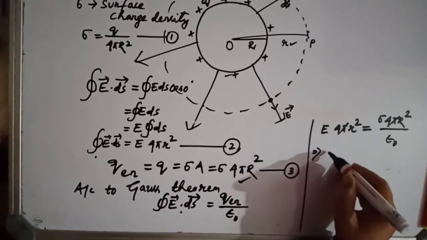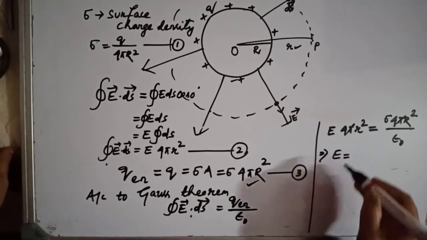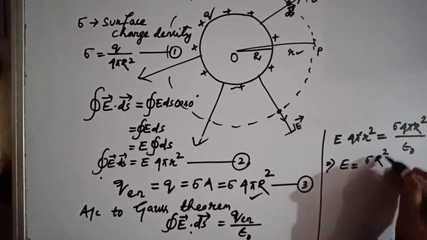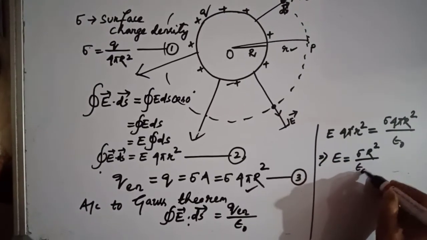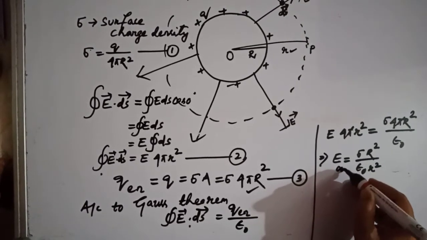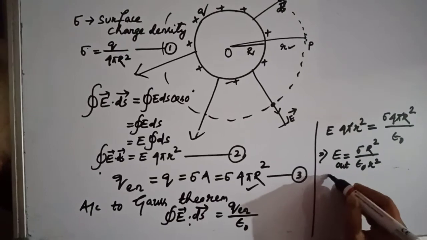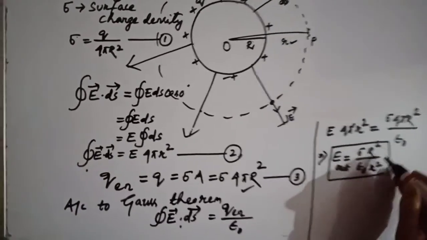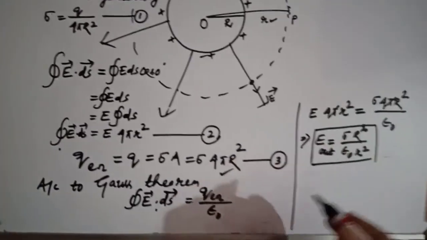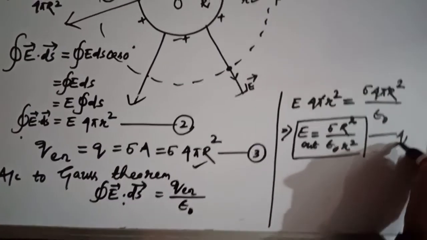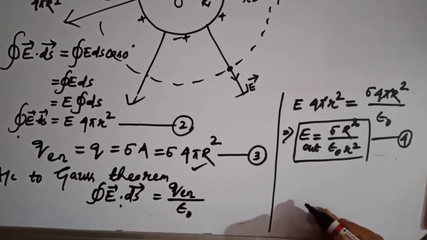What is the value of E? It is sigma into capital R square divided by epsilon naught into small r square. This is the electric field outside the spherical shell at a distance r from the center of the spherical shell. This is the final expression for the electric field outside.